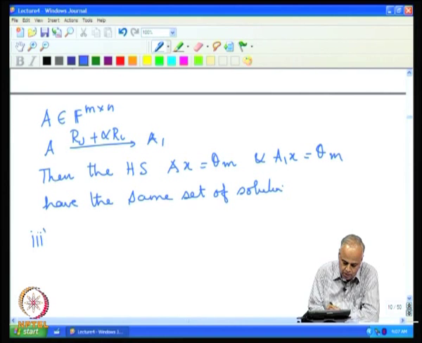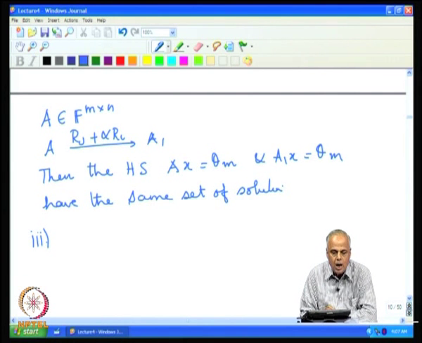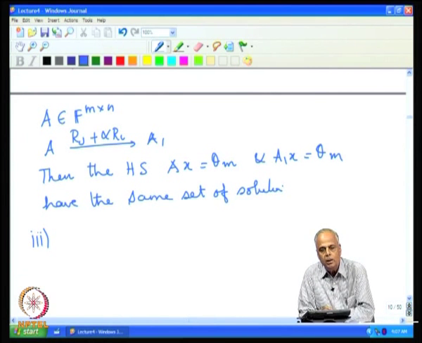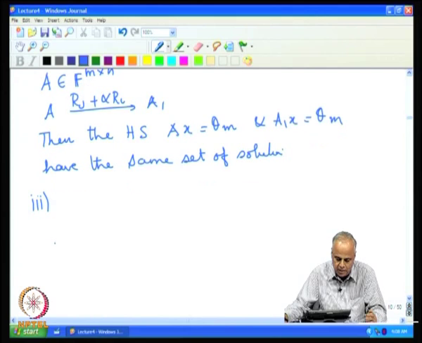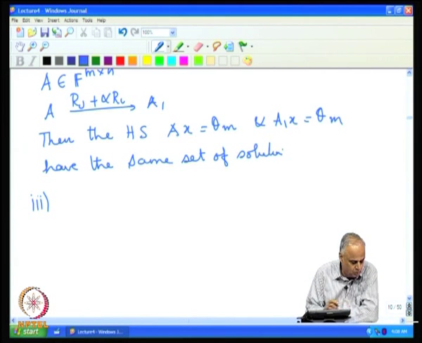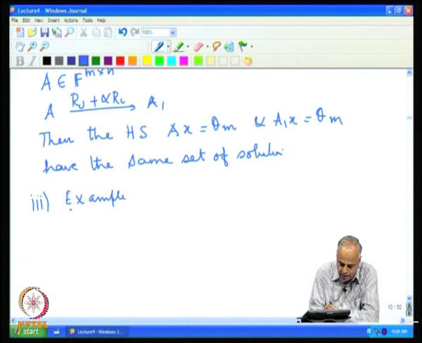The third, again when we look at ERO of type 1, we found that the ERO of type 1 can be implemented or effected by pre-multiplying the matrix by a new matrix obtained by applying the same transformation to the identity matrix. Let us look whether that is true in this case. Again let us look at the example we had. We had A equal to 1 1 0, 2 0 1, 3 1 2.